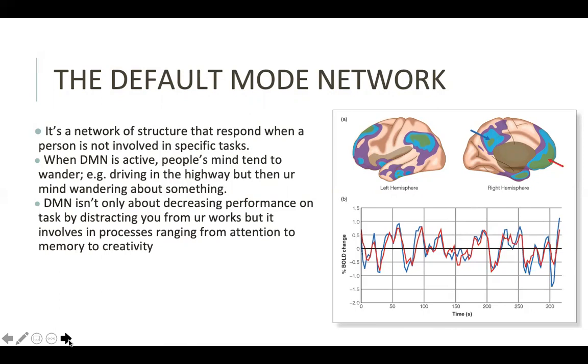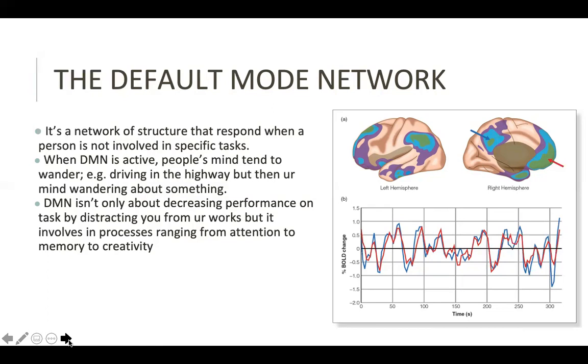As you might expect, mind wandering during driving, which we often do, as well as during other tasks, isn't necessarily a good thing for performance. This idea is confirmed by a large body of research showing that mind wandering decreases performance on tasks that require focused attention.